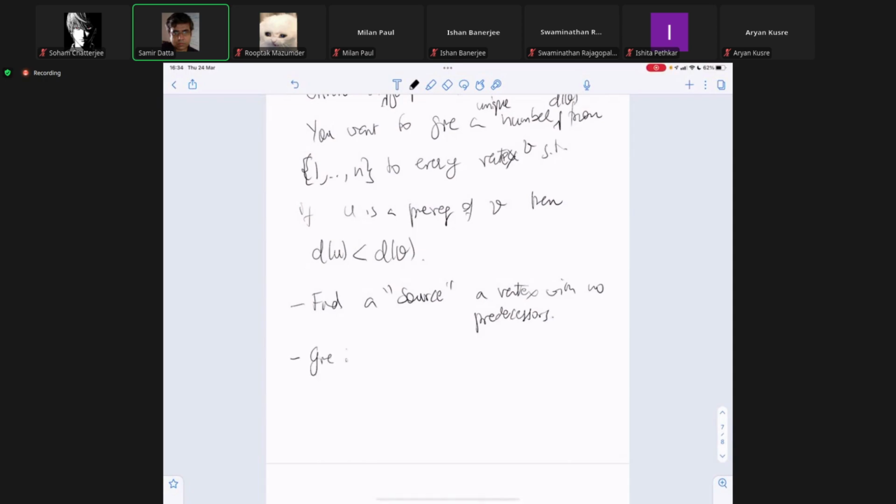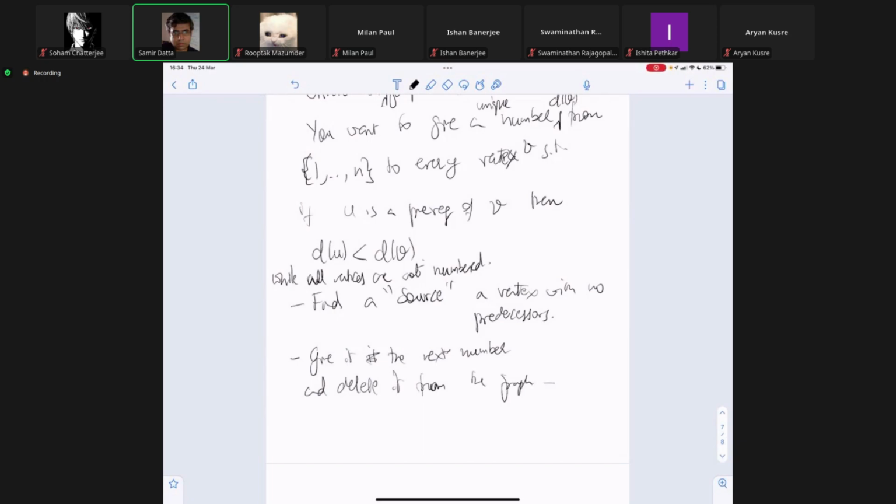So let's say while all vertices are not numbered, give it the next number and delete it from the graph, correct?